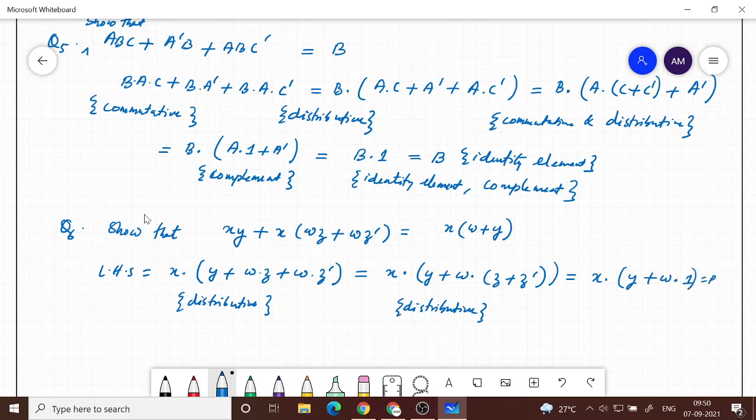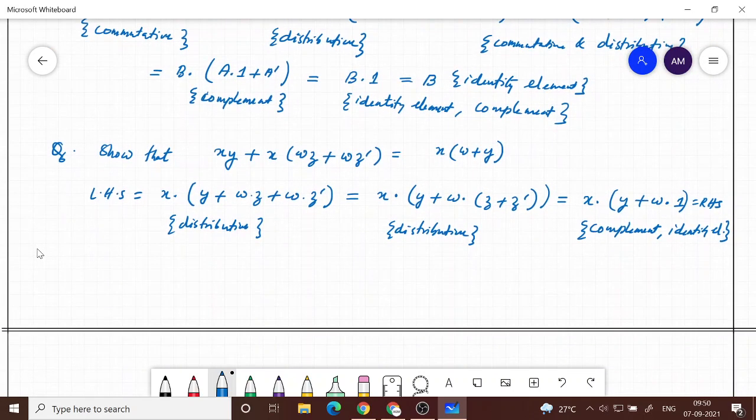Okay, so which is equal to RHS. So here I am using definition of complement and identity element, the identity element of dot operation. So this way you can continue.